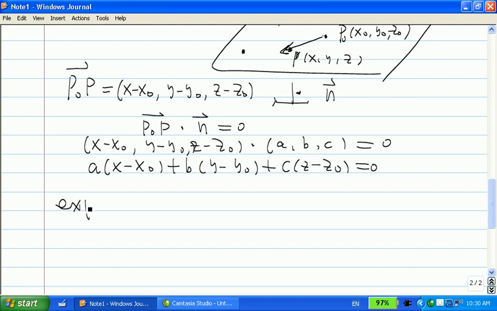Okay, now let's look at one example. We're looking for the equation of the plane.